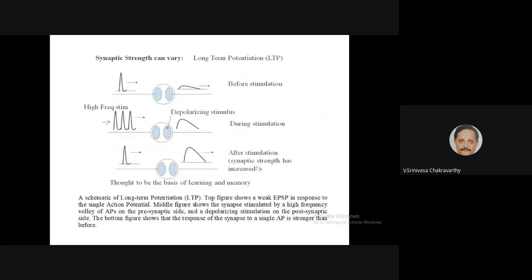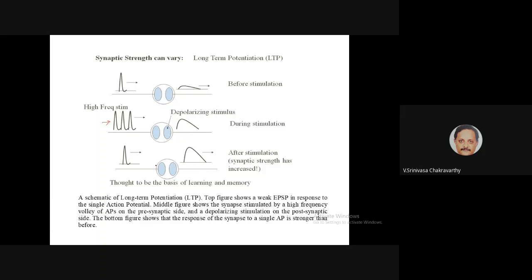I was talking about LTP. The LTP experiments, where the schematic shows how it works. Initially, before stimulation, if I give a single action potential to the presynaptic side, the postsynaptic side will have a PSP which looks something like this. Then during stimulation, I give high frequency input on the presynaptic side and depolarizing input on the postsynaptic side, for a few minutes, 10 minutes or so.